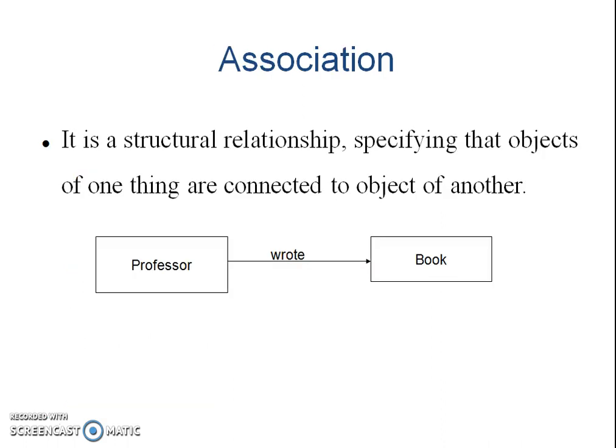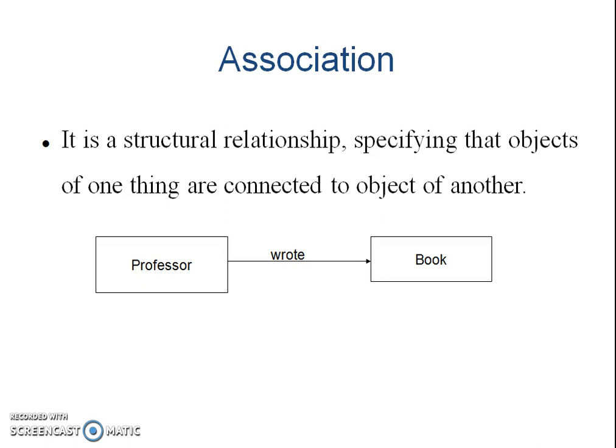First relationship is the association relationship. It is the structural relationship specifying that objects of one thing are connected to the objects of other things. For example, in this case, professor wrote a book. So we have two classes. First is professor and second is book.